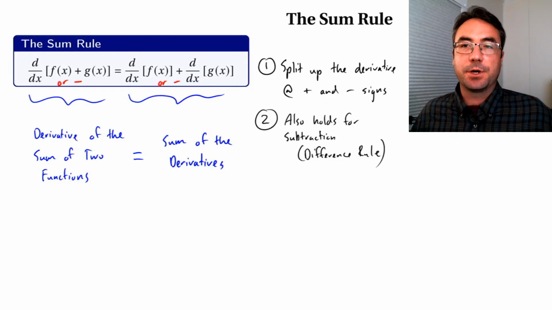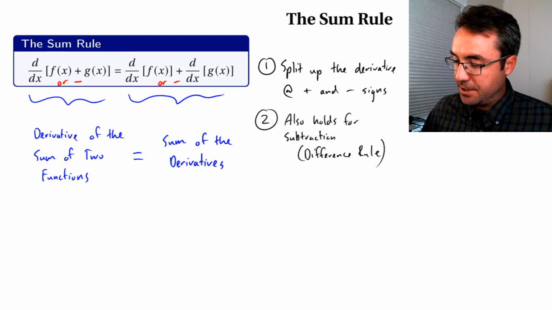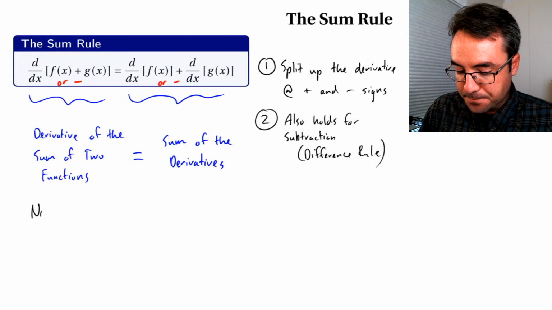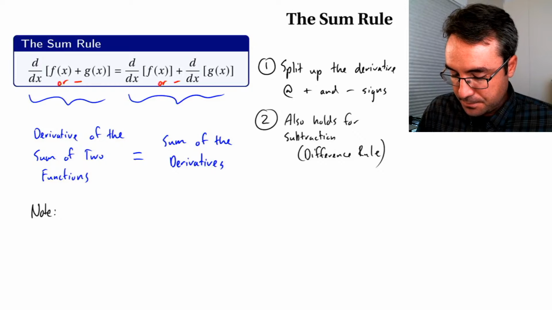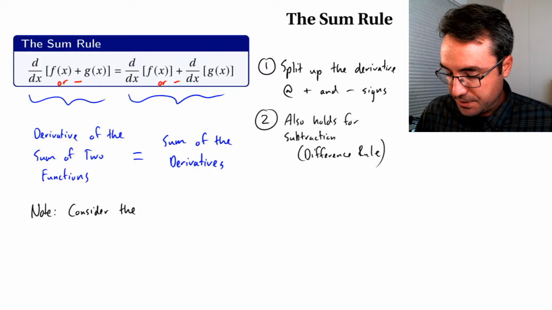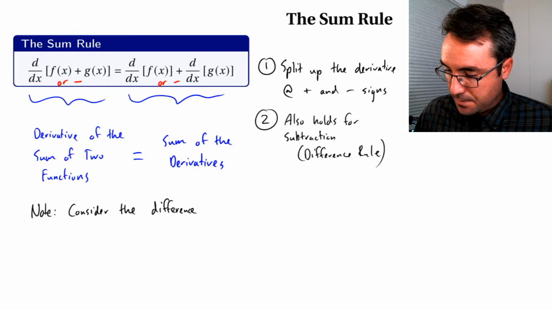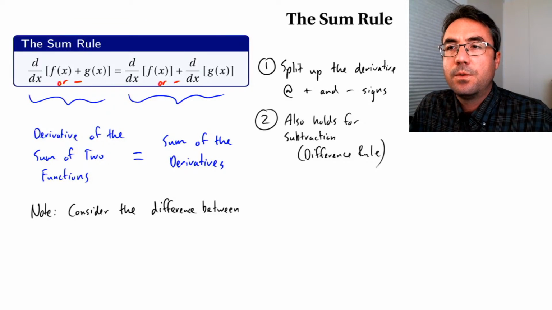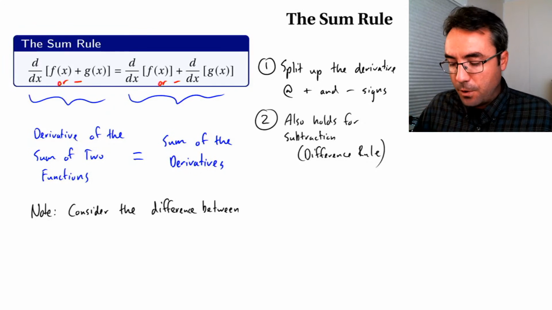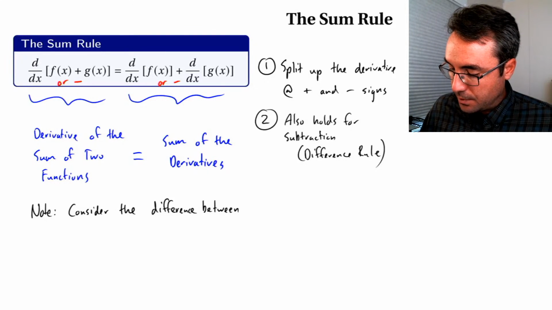All right, so we're going to see how this works. But it's just important to consider a little note here. We want to consider the difference between two functions. So what we've seen before is the constant multiple rule.